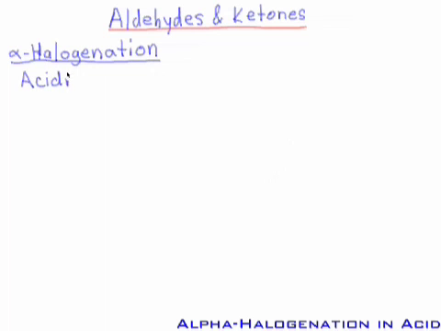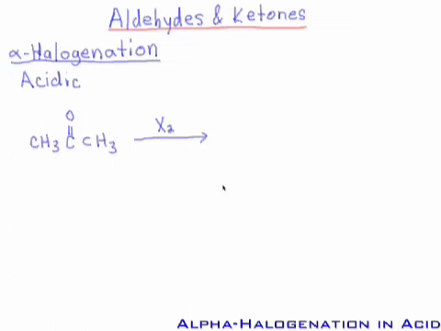Now I can take any aldehyde and ketone and treat it with halogen under acidic conditions. Let's examine the molecule acetone, and let's react it with X2, where X2 can be chlorine, bromine, or iodine.